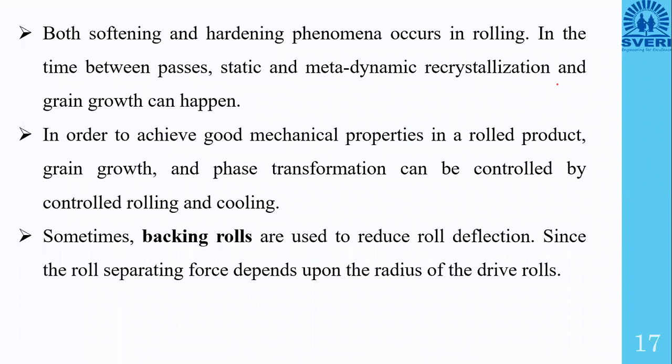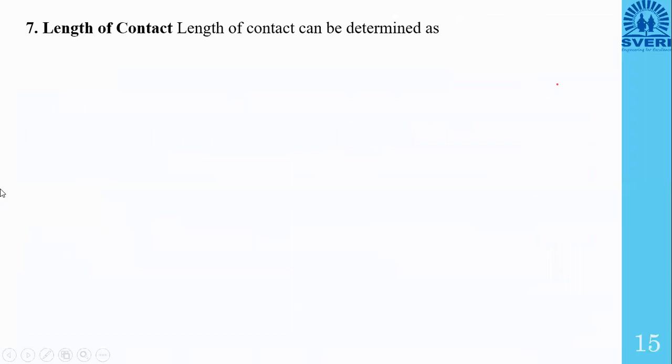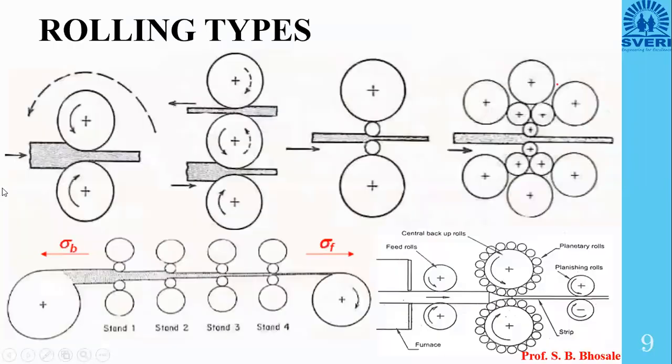As the driving roller radius is directly proportional to the roll separating force, when the radius increases, the roll separating force increases; when the radius is reduced, the roll separating force is reduced. It's very simple. For that, I will go to this particular slide, the two high rolling mill. Two rollers are there, the radius is high, and here the roll separating pressure is more.